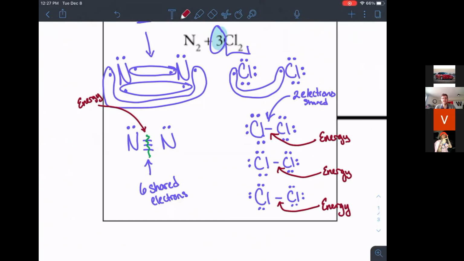I bring in energy for each of my molecules, and as soon as we get enough energy, these bonds break. So that green line, the squiggle, represents the breaking of those bonds. Now we have a bunch of atoms floating around, but we put in enough energy to make them break so that we can make new compounds at the end.